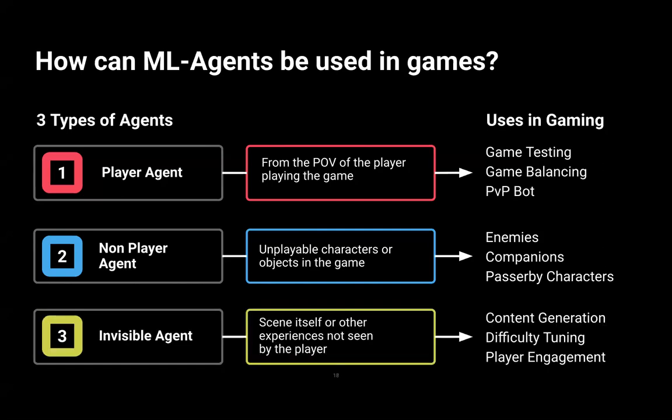Finally, the other one is not actual physical entities inside a game, but more the game itself. Can we have the game tune itself? Can we have it generate levels that are more interesting to the player? Can we tune the difficulty of the levels so to match the player's play style or behavior? You can do all of these with the ML Agents framework.